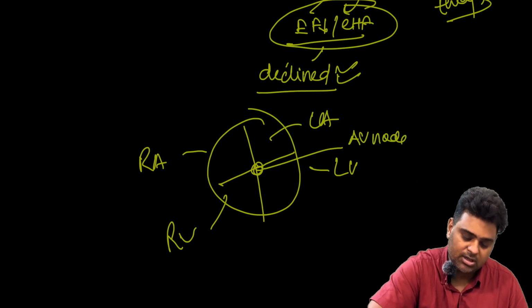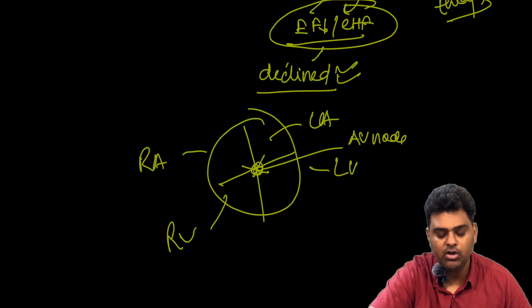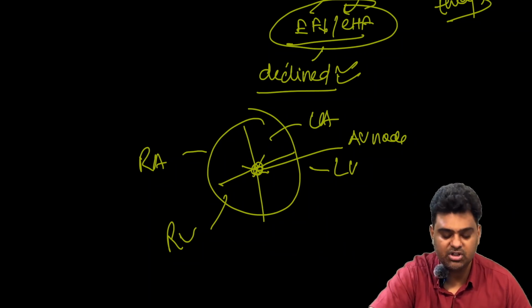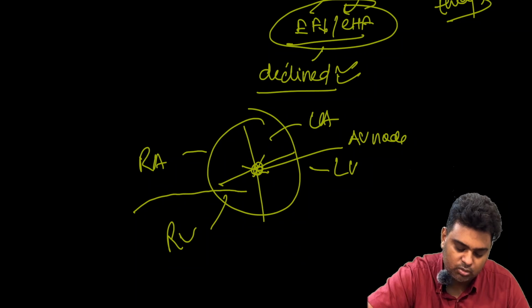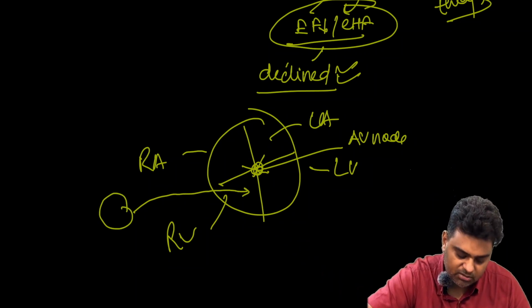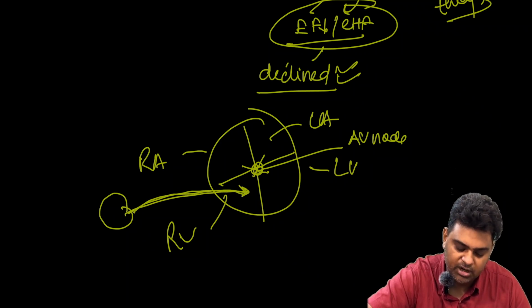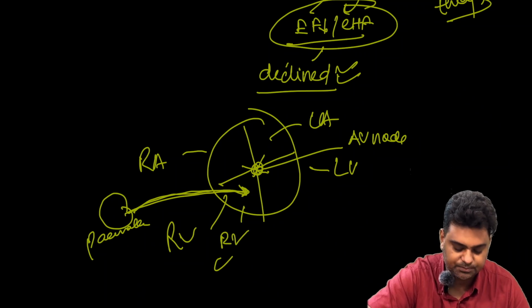So ablation of the AV node is done, that is, the AV node is subjected to radiofrequency ablation. The AV node is destroyed, and ventricular pacing is done in the right ventricle with a pacemaker.